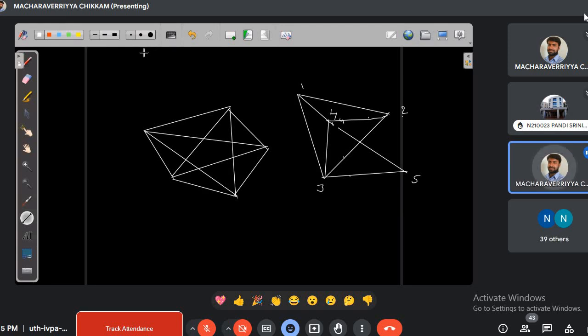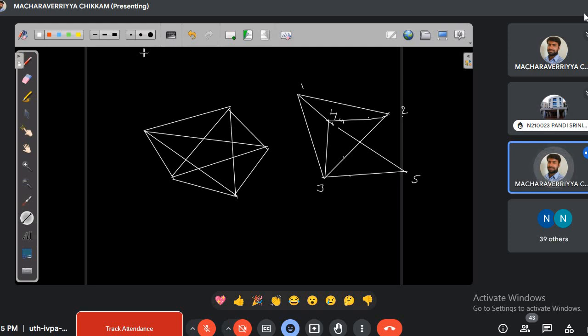Okay. So in that case, what do we have to do? Initially I told you isomorphism means we say two graphs are isomorphic if they have the same properties or the same behavior. Now we will check the properties. If they differ by some property, then we say that they are not isomorphic.